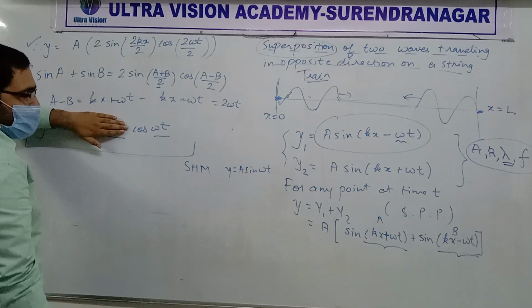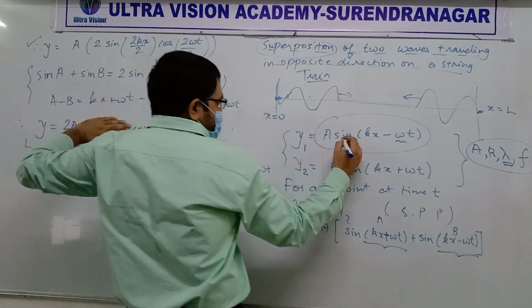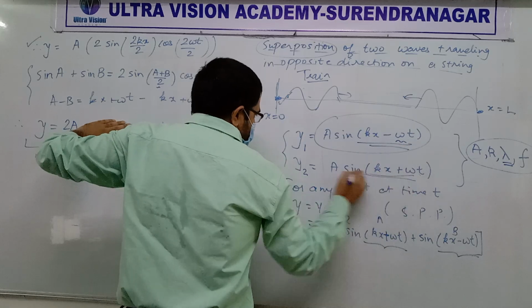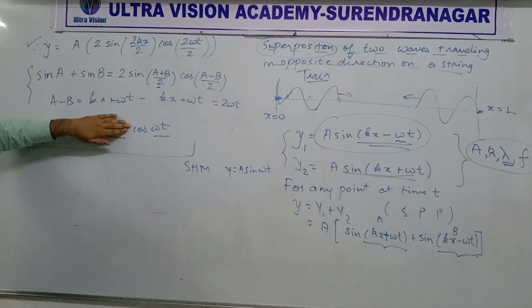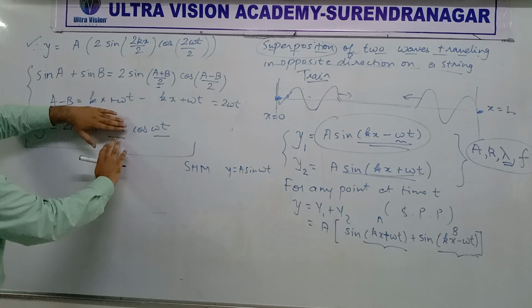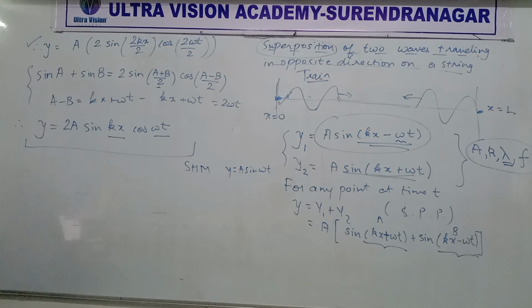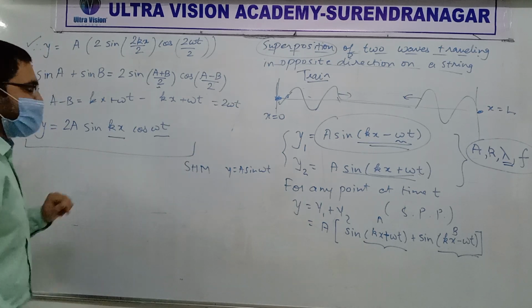Correct? Okay, and in waves that we have studied so far, we are getting this pattern or this pattern, right? But here x is separate and omega is separate. Okay, x, kx, omega t, they are separate now. Clear? So this is of course equation of a wave. There is no doubt about it.